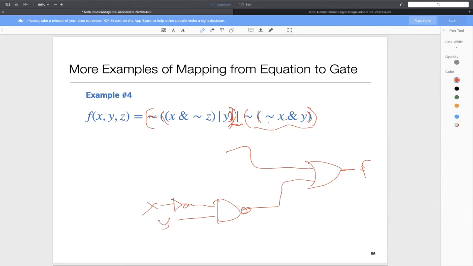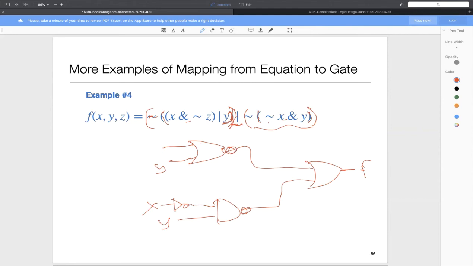The other part, inside this parenthesis, again has an OR gate, right? One entry is Y and the other entry is an AND gate. Oh, sorry, this thing is a NOR because there is a negative sitting out here. So it's a NOR.